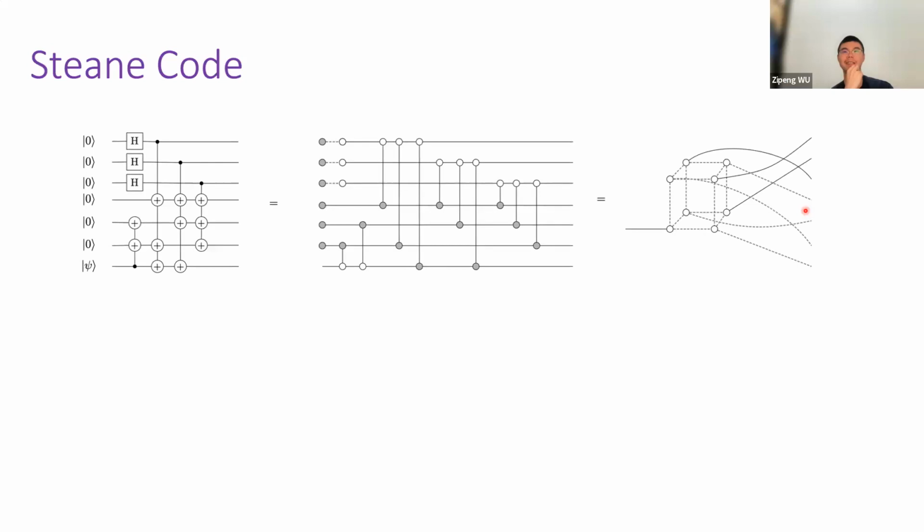I haven't thought about it. These codes are generalized CSS, which means that you won't get this phase-free encoder. But they have the same sort of structure where on the left-hand side you have the logical qubits, and on the right-hand side you have the output physical qubits. I think there's a paper by Peter Shor and somebody else, Kesson, who did a thing about encoders, ZX diagrams for stabilizer codes as encoders.